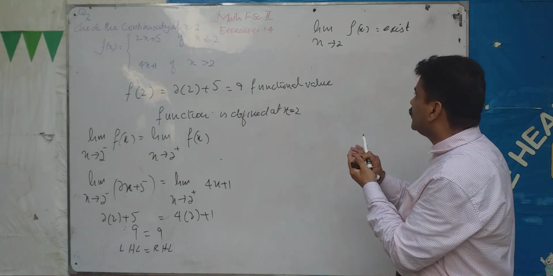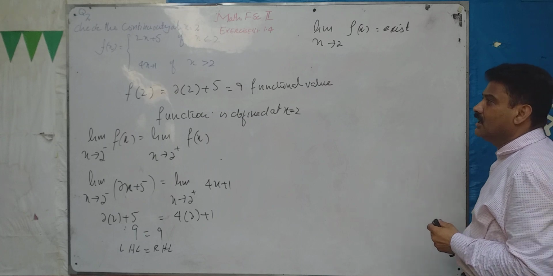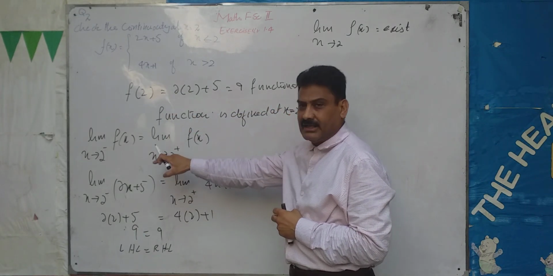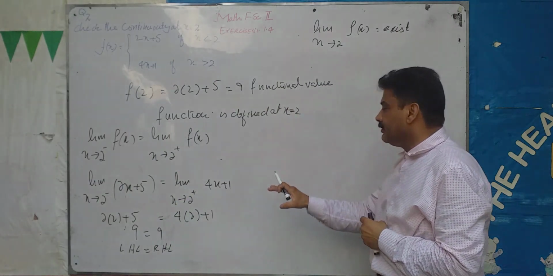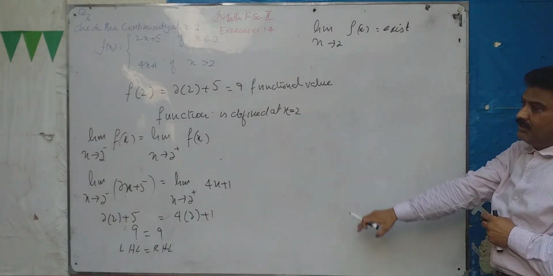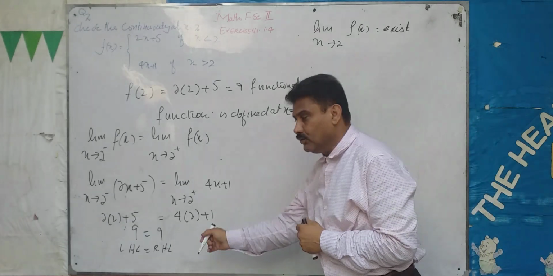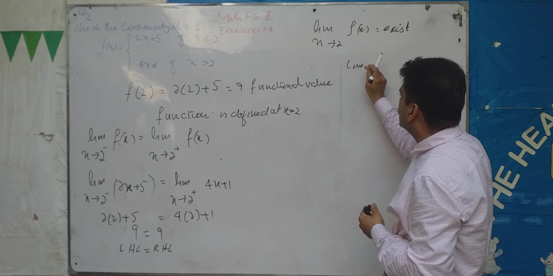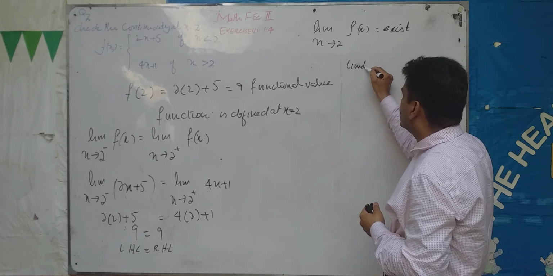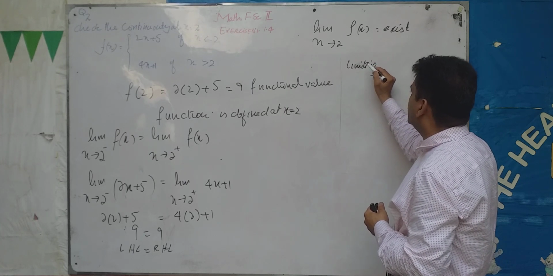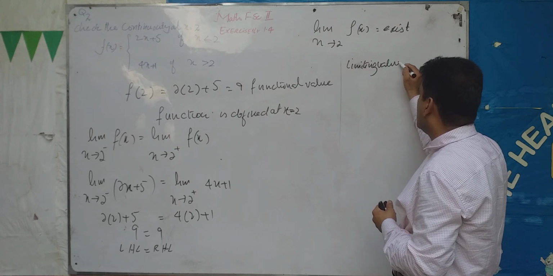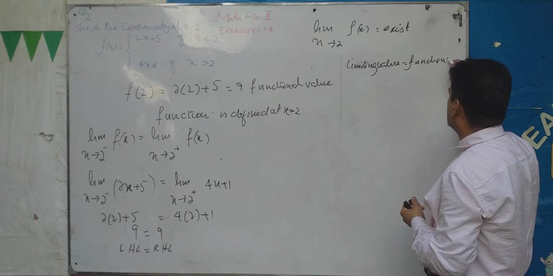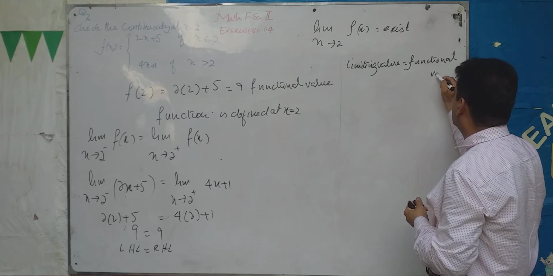Our function is continuous at x equal to 2 because the function is defined at x equal to 2, the limit exists when x approaches 2, and the function value is equal to the limiting value.